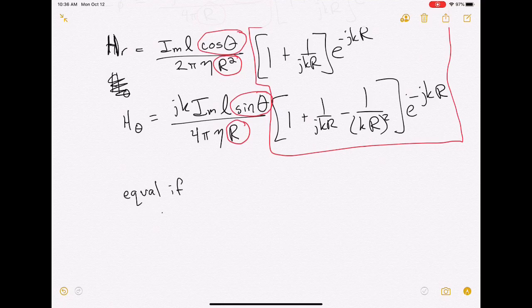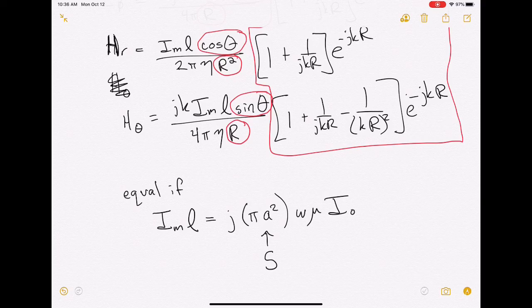It's equal if the magnetic dipole moment, I_m times its length, is equal to j pi a squared. So that's the area of the loop, which is often just written as S, times omega mu I naught.